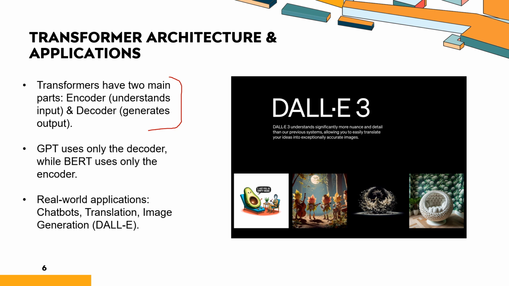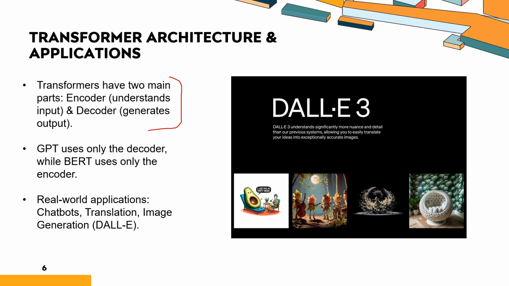Different AI models use these parts differently. For example, BERT, which Google uses for search engines, only has an encoder because it's focused on understanding text. GPT, on the other hand, only has a decoder because it's focused on generating text.